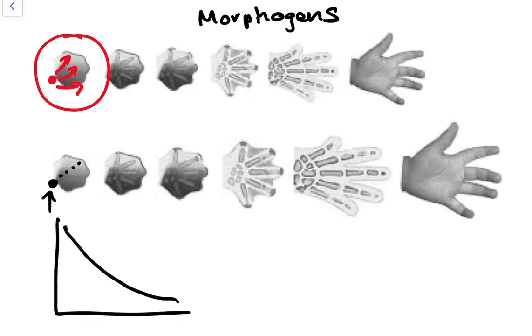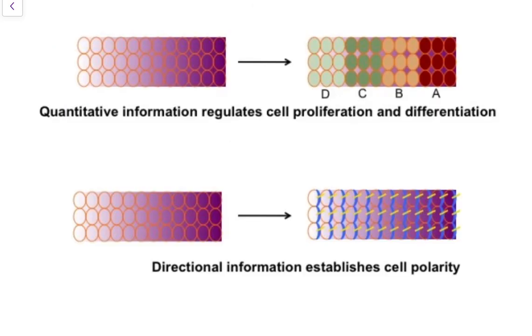And in essence, the concentrations of these different morphogens will tell these different digits to grow in a particular way, to become the thumb. What this might look like in a simple model is that if you have a source of a morphogen, and in this case, let's take it the other way around.